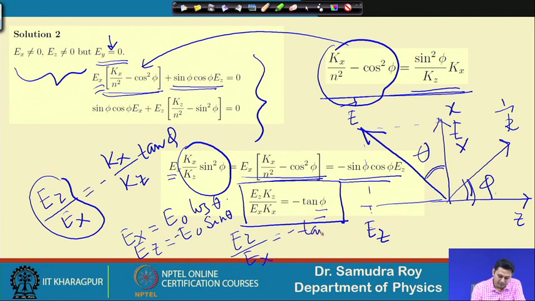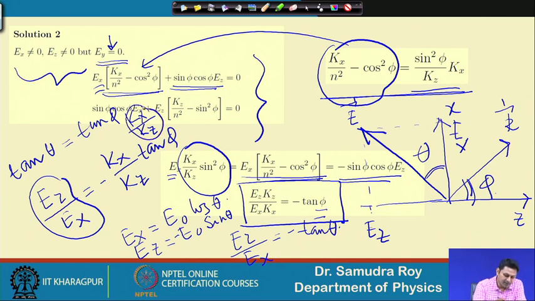So that means tan theta, which is the angle made by E with x, is equal to tan of phi multiplied by kx divided by kz.